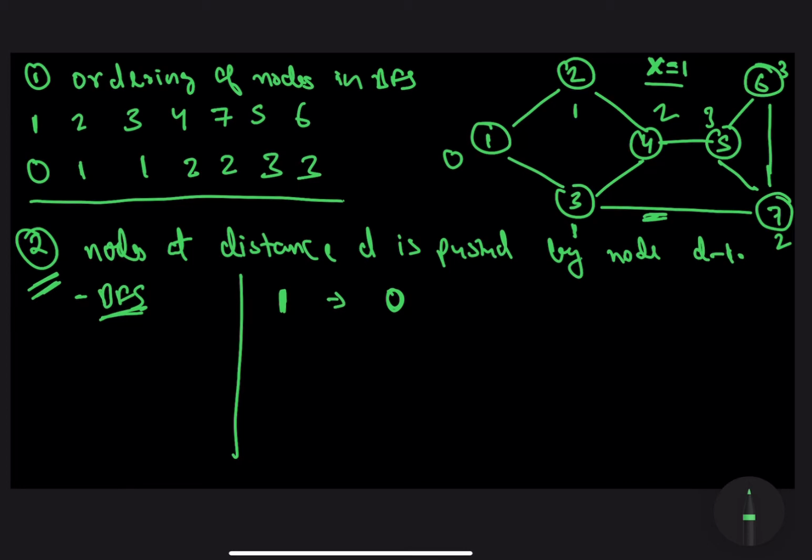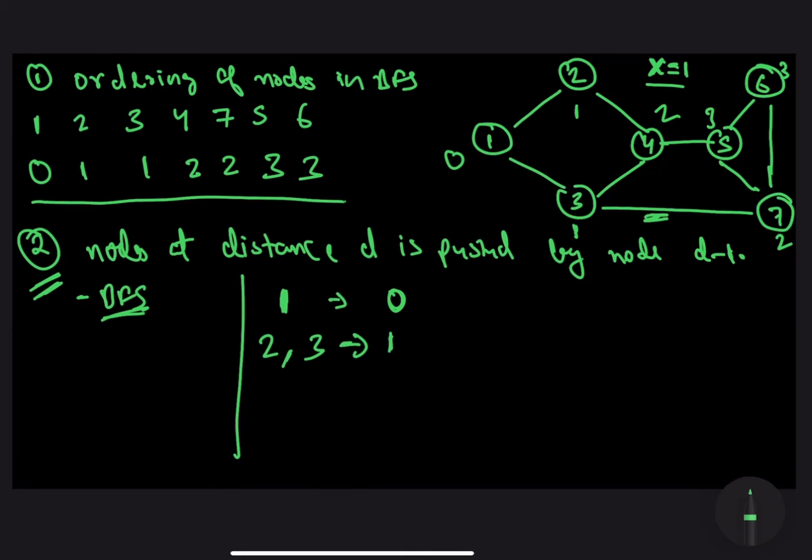So in the actual BFS algorithm, the nodes which are pushed by the node number 1 are the nodes which are adjacent to it. Alright, so the nodes 2 and 3 would be pushed by the node number 1 in the BFS algorithm, and their distance will be equal to 1. And we also know that the nodes 4 and 7 are the nodes that would be pushed in by the nodes 2 and 3 into the queue, because 4 and 7 are adjacent to nodes 2 and 3.